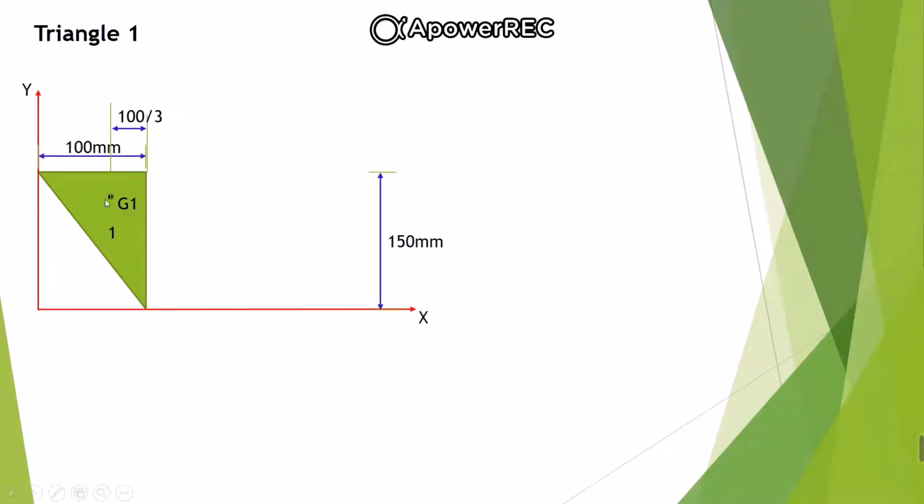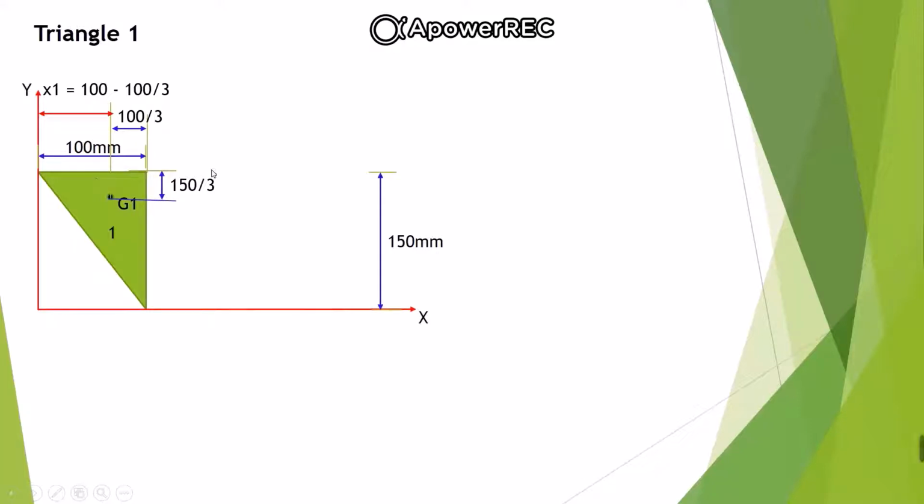So G1 will be at a distance of b by 3 from the 90-degree corner, which we have already learned, right? So it will be 100 by 3 from the 90-degree corner, and h by 3 from the 90-degree corner, right? So from here it will be h by 3, that is 150 by 3.